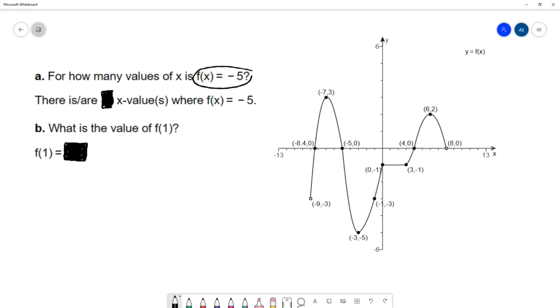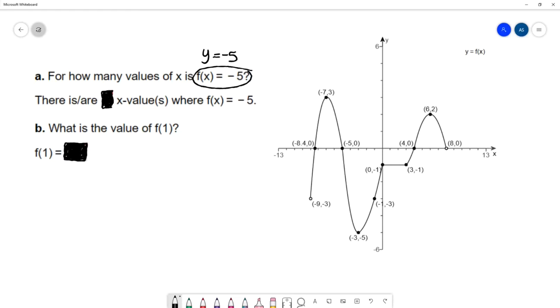The key thing in this example is that we need to know what f of x stands for. f of x stands for y. So if we read this question again, it says, for how many values of x is y equal to -5?